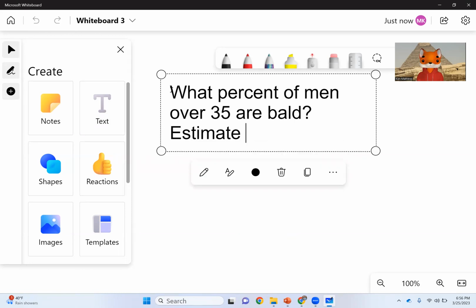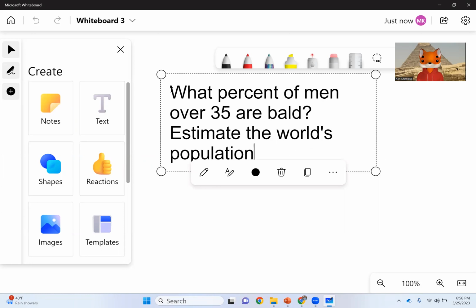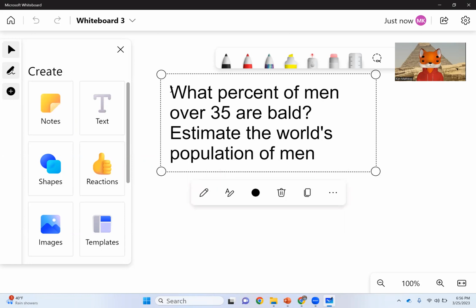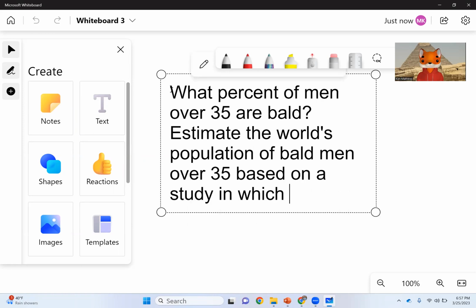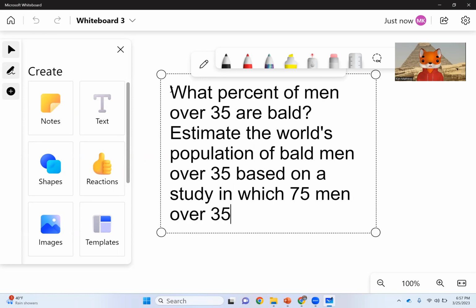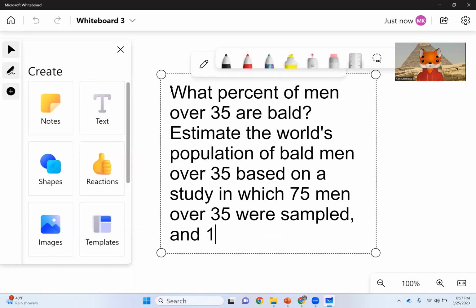Estimate the world's population of bald men over 35, based on a study in which 75 men over 35 were sampled, and 15 of those lucky guys were bald.